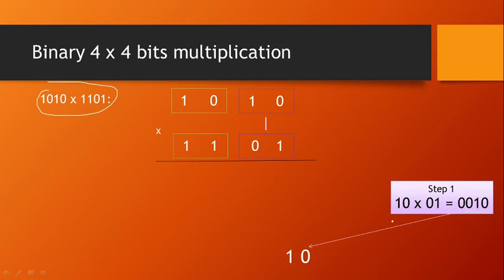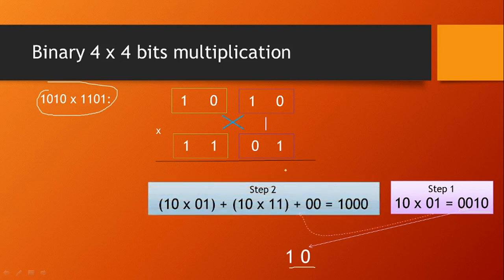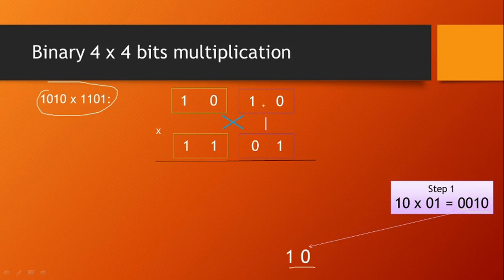Out of that, the last 2 bits, 10, we take in the result. Whenever we have a 2 bit by 2 bit multiplier, we have to take the first 2 bits in the result, and the other 2 bits will be added in step 2 addition. So what is step 2? Step 2 is cross and add.